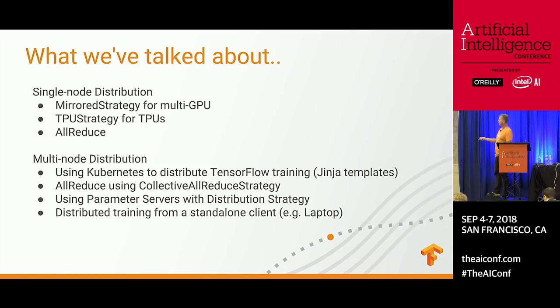We talked about using Kubernetes to distribute TensorFlow training using these Jinja files that compile, or translate, over to the YAML file for deployment. We talked about the all-reduce using collective all-reduce strategy. We talked about the parameter server setup with distribution strategy. And then finally, we talked about distributed training from a standalone client, distributing the model code over to the workers.